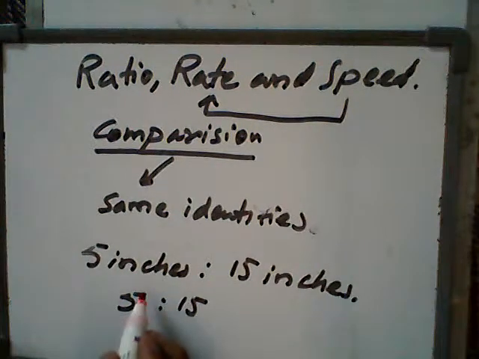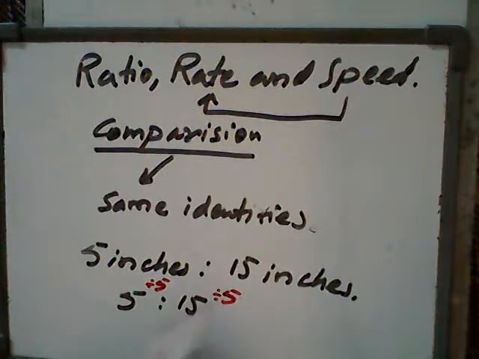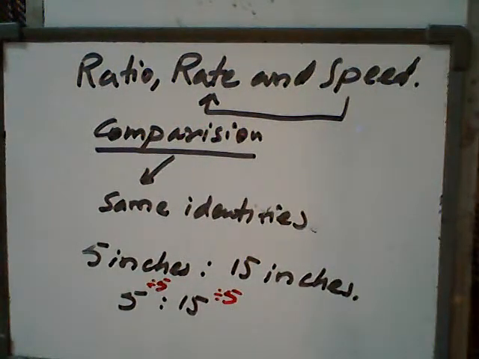Both can be simplified in the table of 5, the same table. So 5 ones are 5, 5 threes are 15. So it becomes 1 ratio 3. So 5 inches and 15 inches are in the ratio of 1 ratio 3. So this is about ratio.